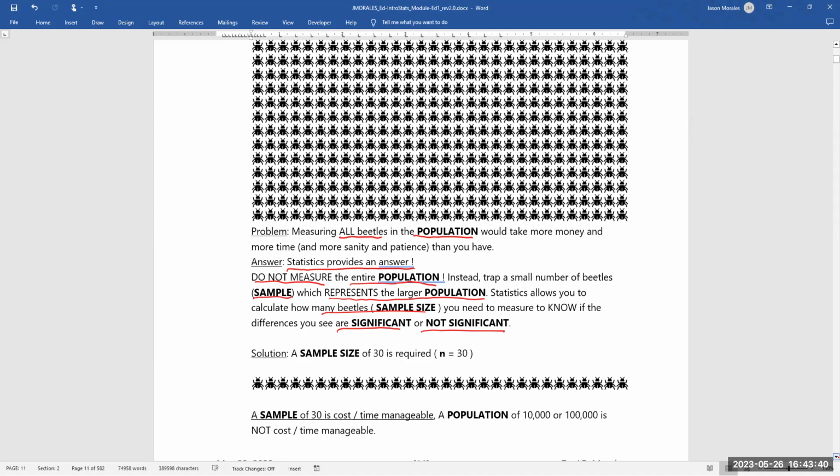So the solution is perhaps to have a sample size of only 30. Measuring 30 beetles is a lot better than measuring thousands. A sample of 30 is both cost and time manageable, versus a larger population, which is not cost and time manageable.